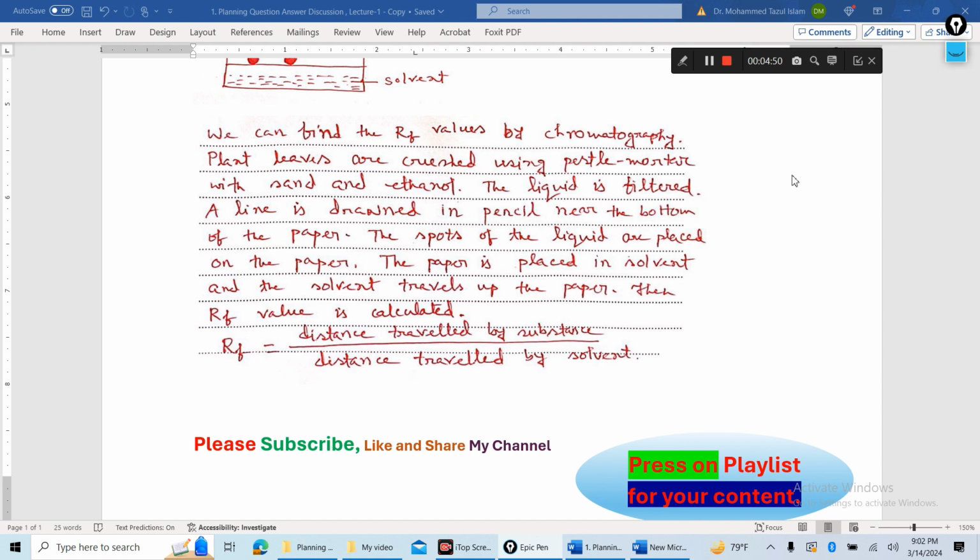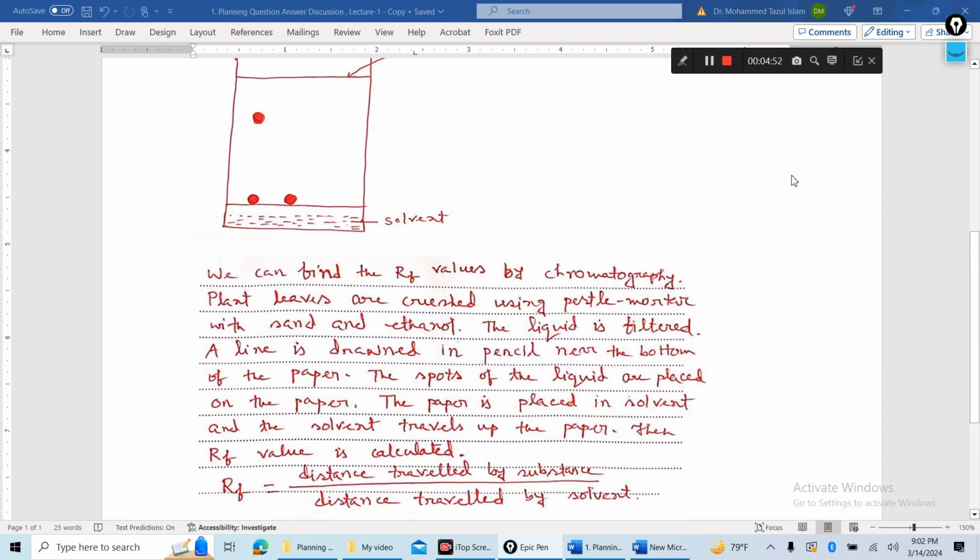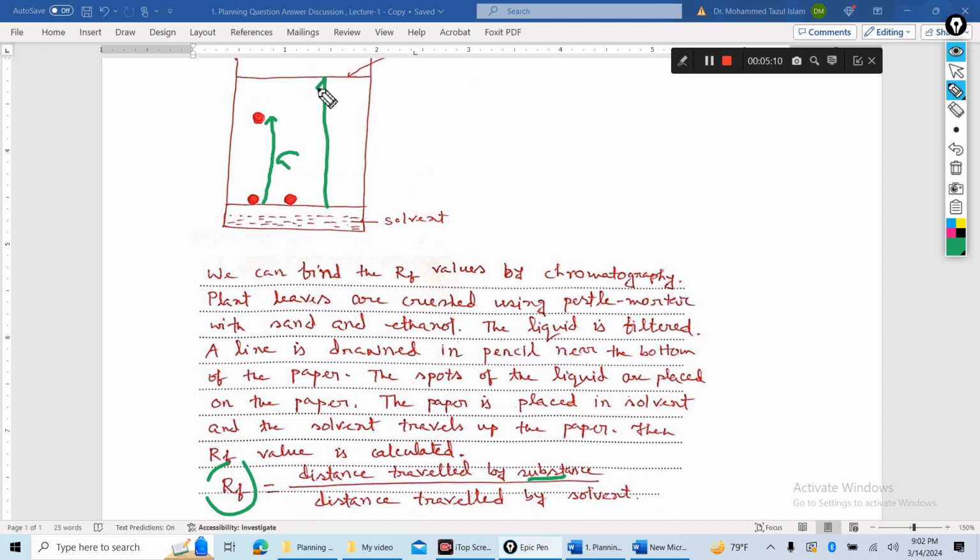If the distance from the baseline to this substance is A, and the distance from the baseline to the solvent front is B, then the RF value will be A by B. This is the method to calculate the RF value.